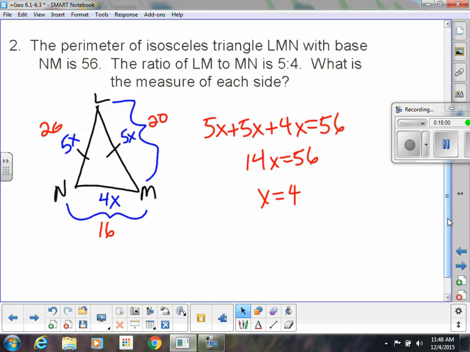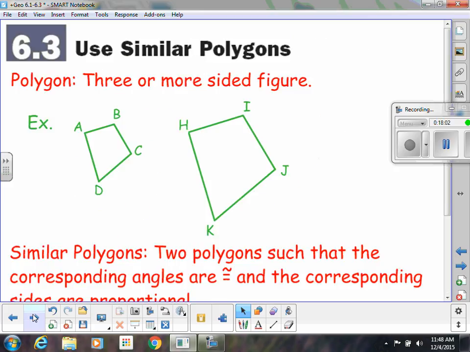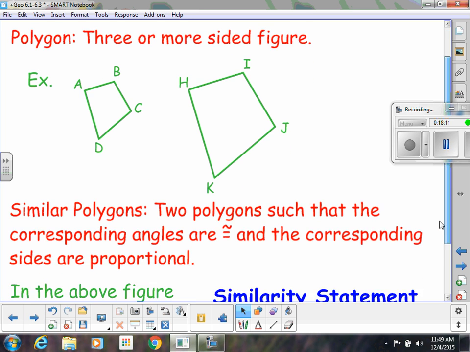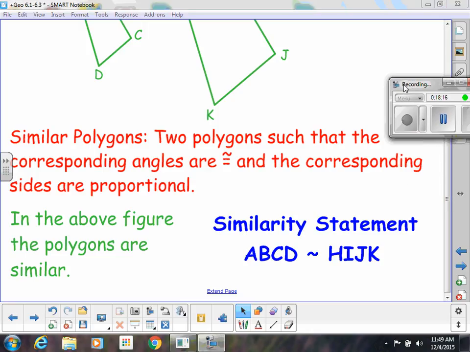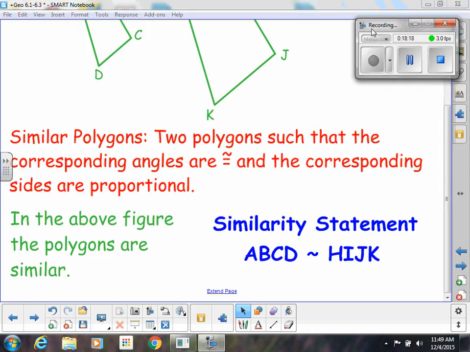All right, moving on to similar polygons. If I have similar polygons, and that could be any figure, 3 or more sides, here's our definition, so make sure you definitely write this down. Similar polygons: 2 polygons such that the corresponding angles are congruent and the corresponding sides are proportional.